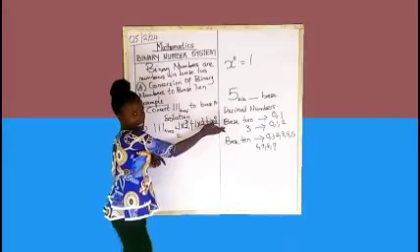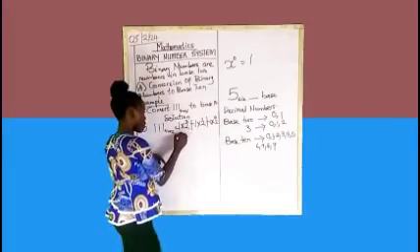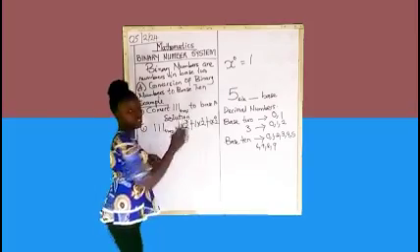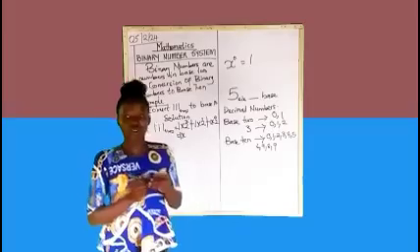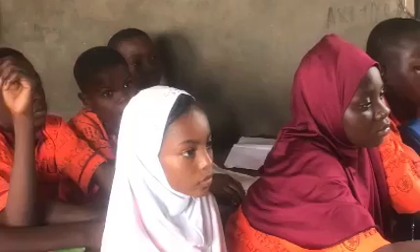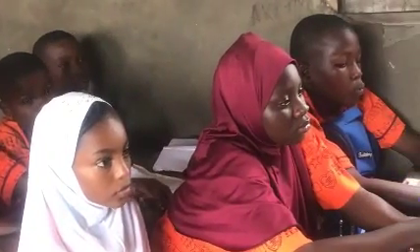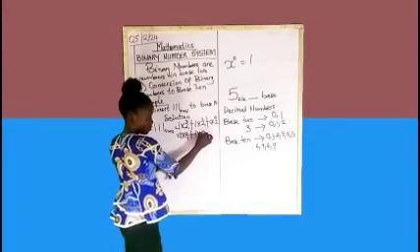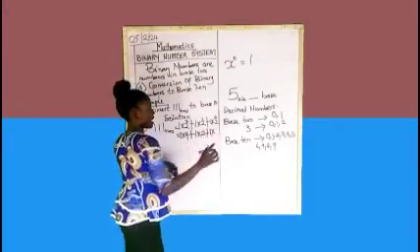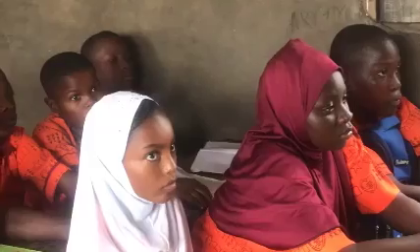We need to expand this and simplify it. Here we have 1 times 2 squared, which is 2 times 2, giving us 4. So I will have 1 times 4, plus 1 times 2 raised to power 1, which is 1 times 2, plus 1 times 2 raised to power 0. I have told you that anything raised to power 0 is 1.